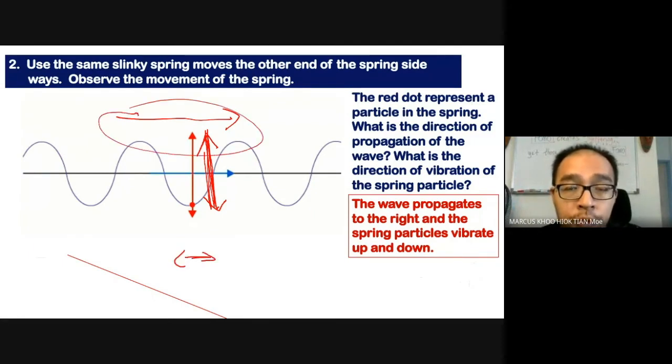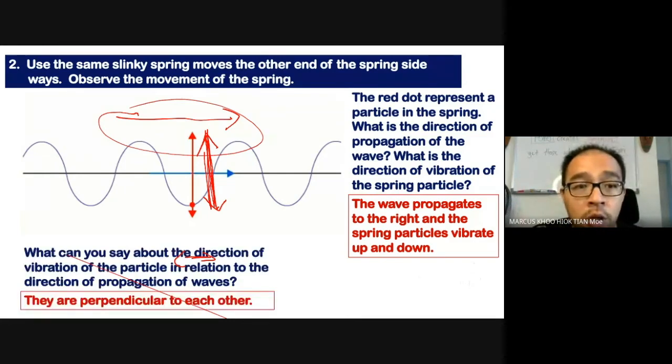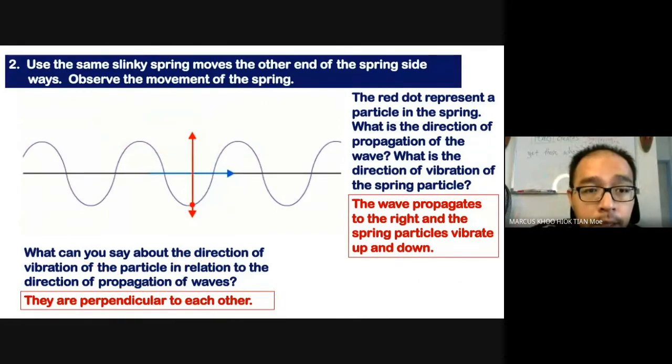Now it is moving in a different direction. If you remember your admits, we call this a perpendicular motion. So the direction of the vibration of the particle and the direction of the propagation of the wave are perpendicular to one another. Just now it was parallel, now it is perpendicular.